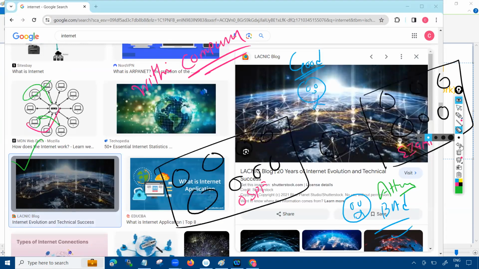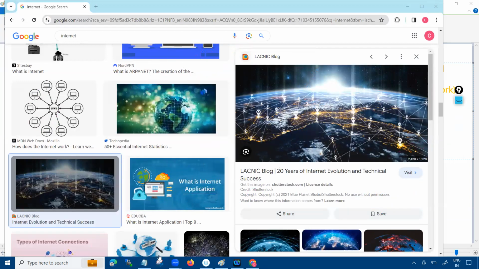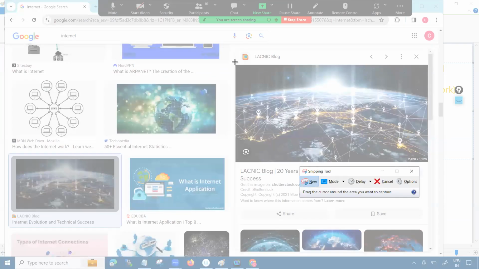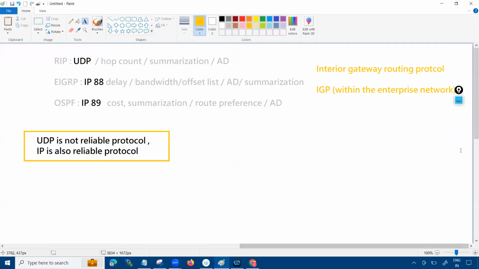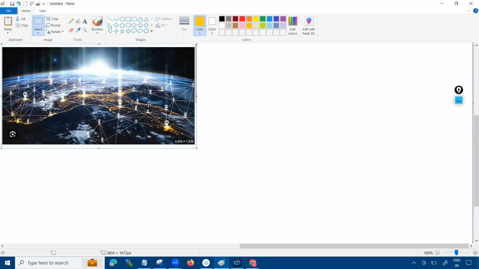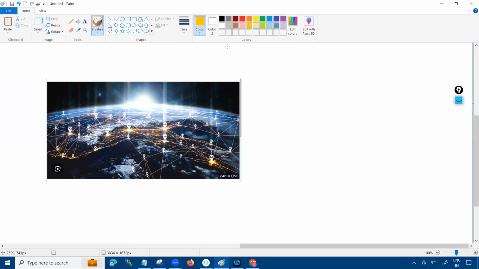So see what we have over there. This is one router we have, this is another router, another router, another router. These are the routers we have over there.